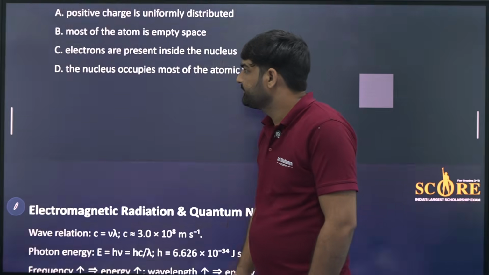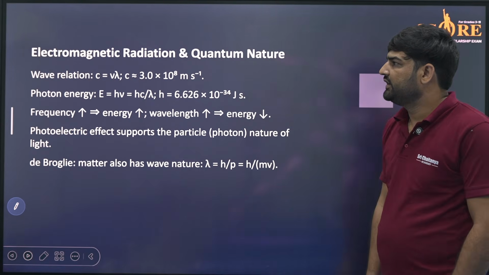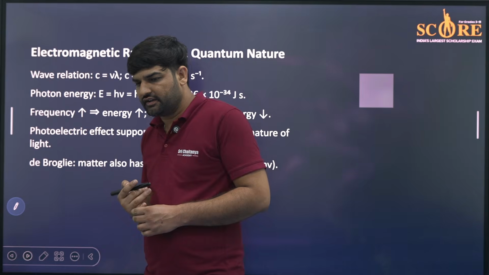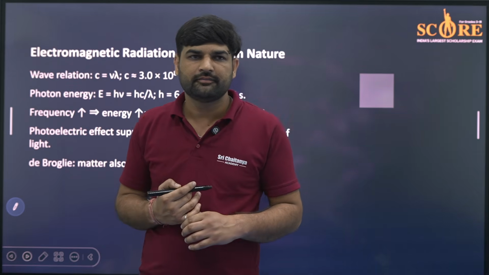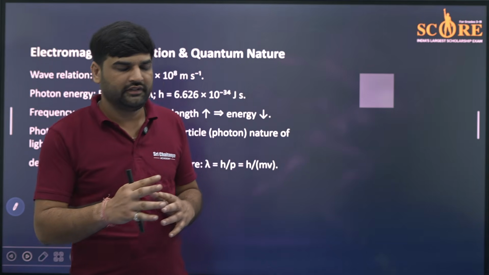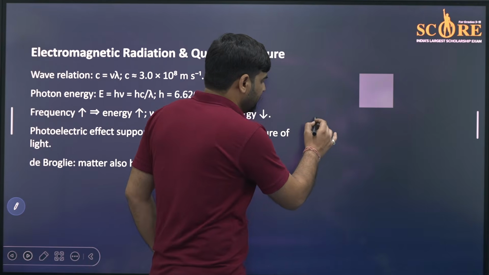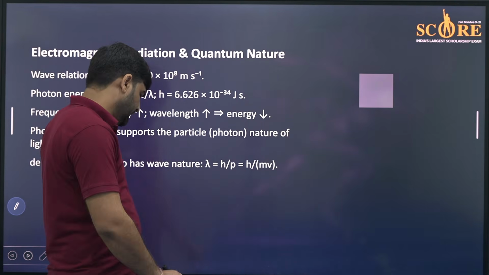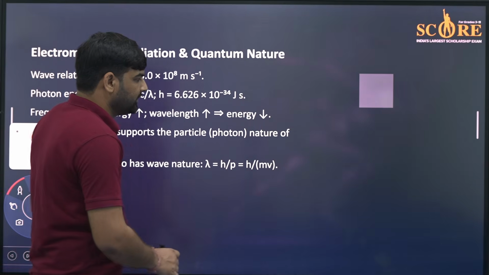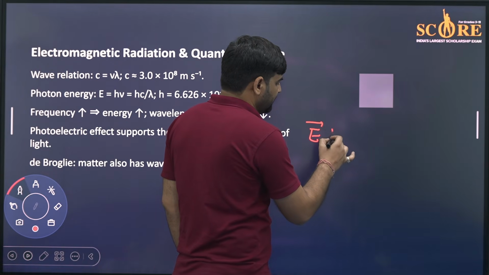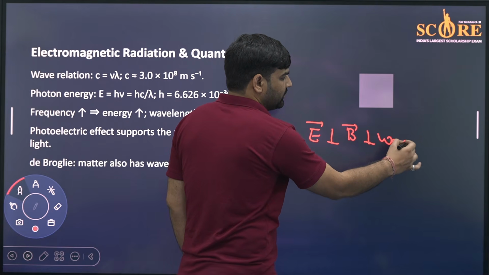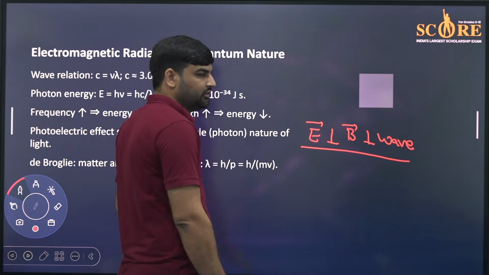Next, electromagnetic radiation and quantum nature. Beta, electromagnetic radiation has two field components, electric field and magnetic field. Both field components are perpendicular to each other, and I can say very easily that electric field, magnetic field, and wave, all three are perpendicular to each other.